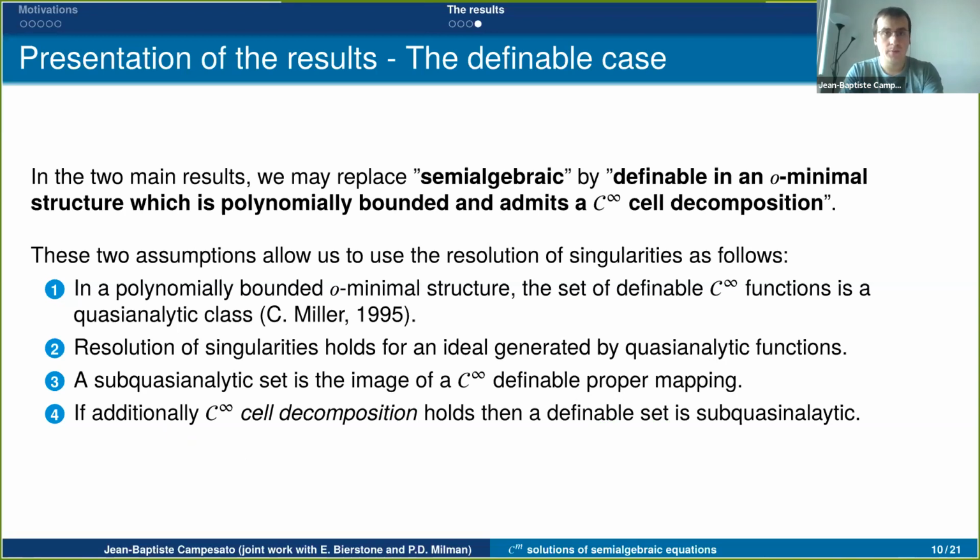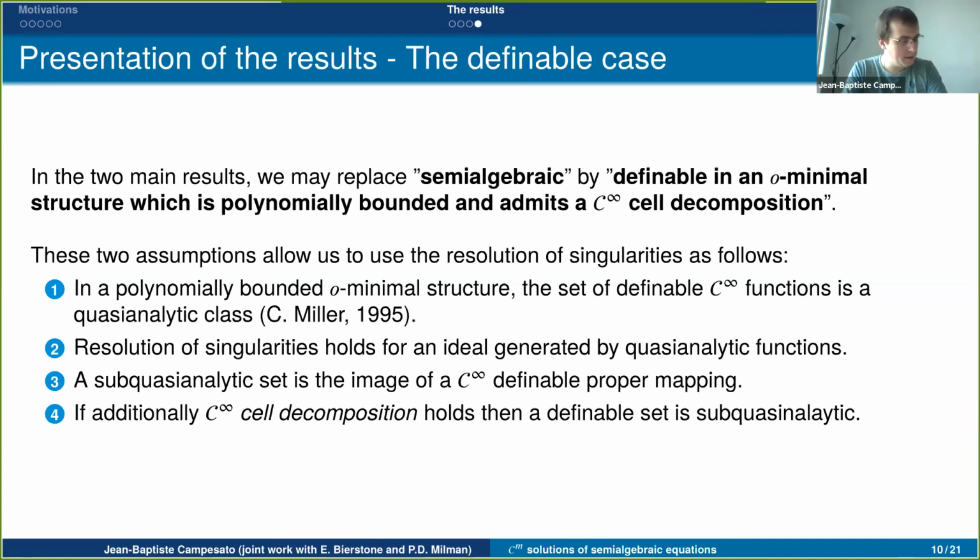And so we can mimic what I did two slides ago to pass from the two results from the beginning to the common generalization. Okay, so that's just a parenthesis for the o-minimal case. From now on, I will only use the word semialgebraic, but everywhere you can just replace semialgebraic by definable.